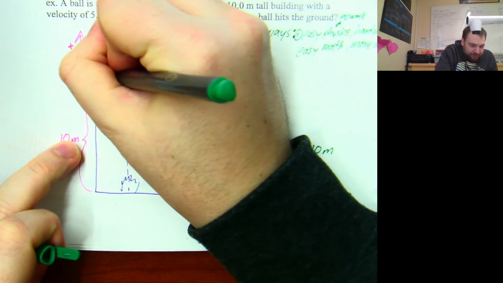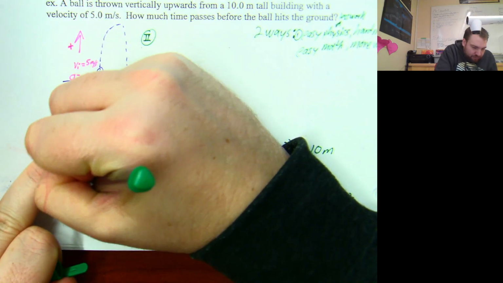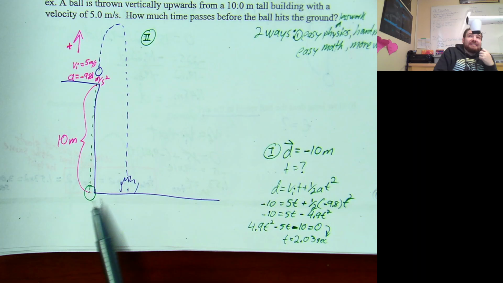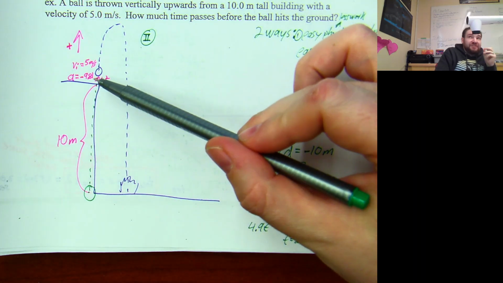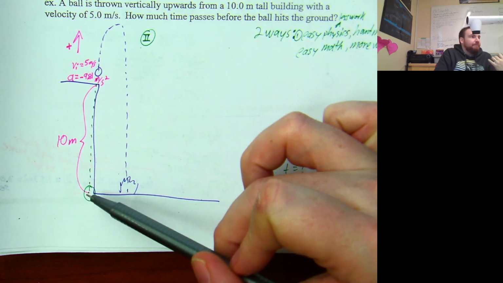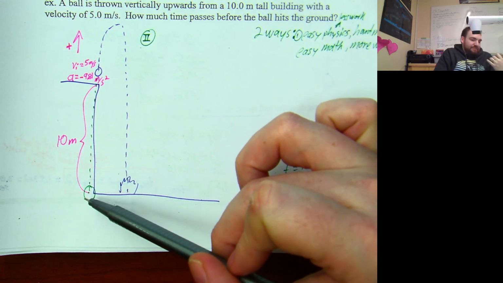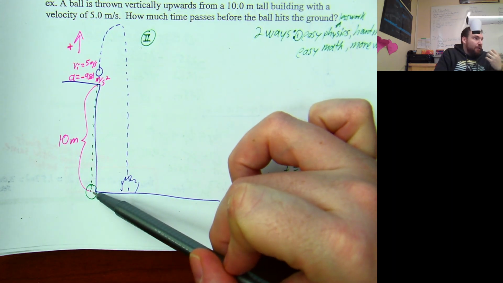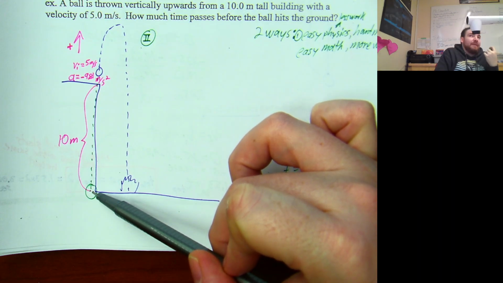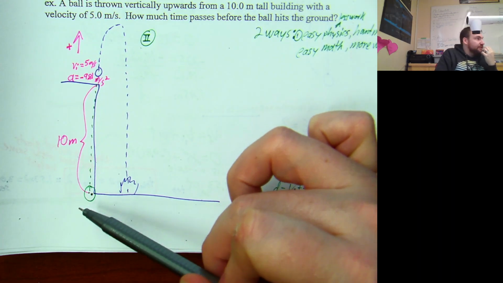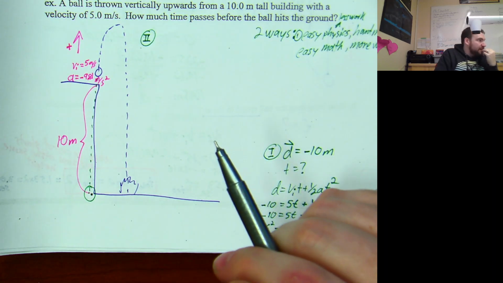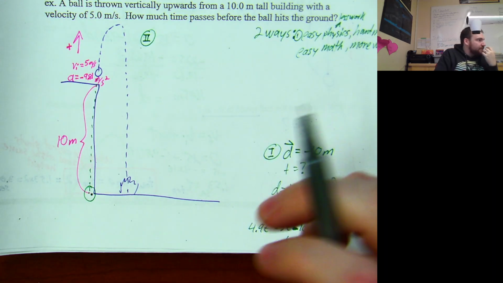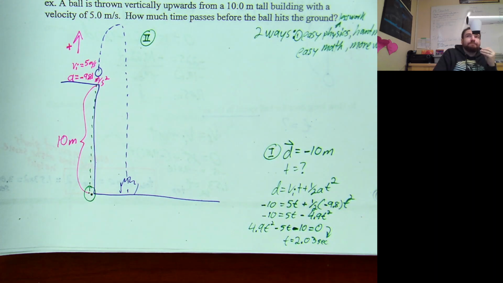What the negative value gets you is this time here: going backwards in time along the same path of the ball, what time would it have been at ground level? Conceptually, that doesn't make sense. So we ignore the negative value.